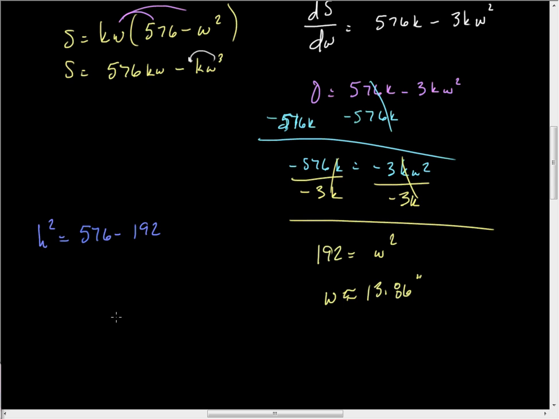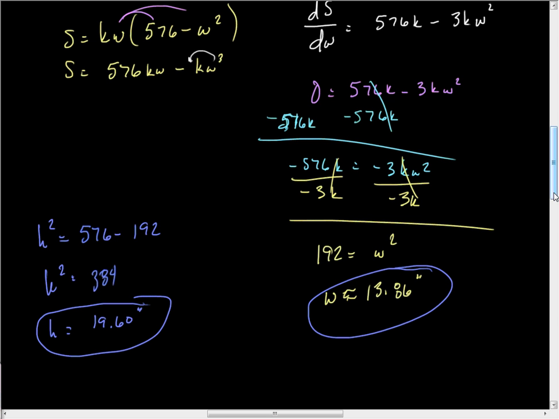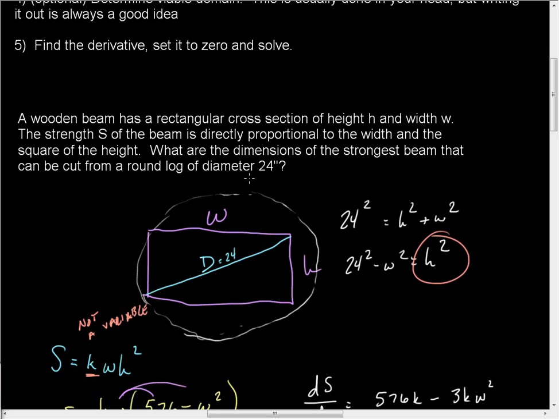So h squared is equal to 384. Take the square root of both sides, and we get h is equal to the square root of 384, or 19.60 inches. And so there are the two values that we were looking for. Now, what are the dimensions of the strongest beam? Those are the dimensions.